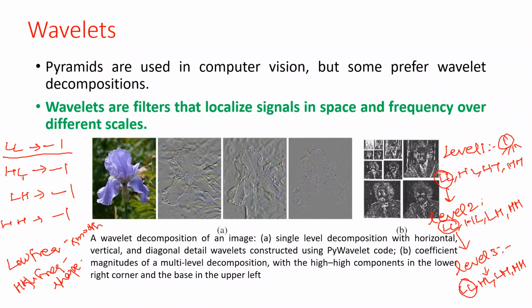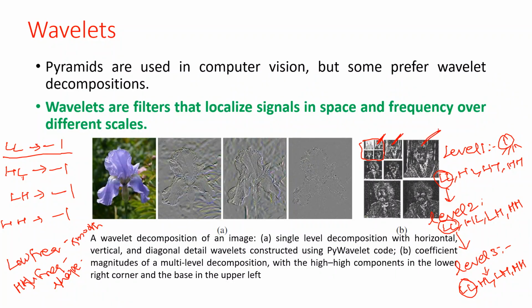The top left represents the original image, and these four represent the four images. So like this, one, two, three, four, right? Similarly, this is the first part of decomposition. Then this first low pass alone is considered, and it is further divided into four parts. After level 2, this first one is again further divided into four.